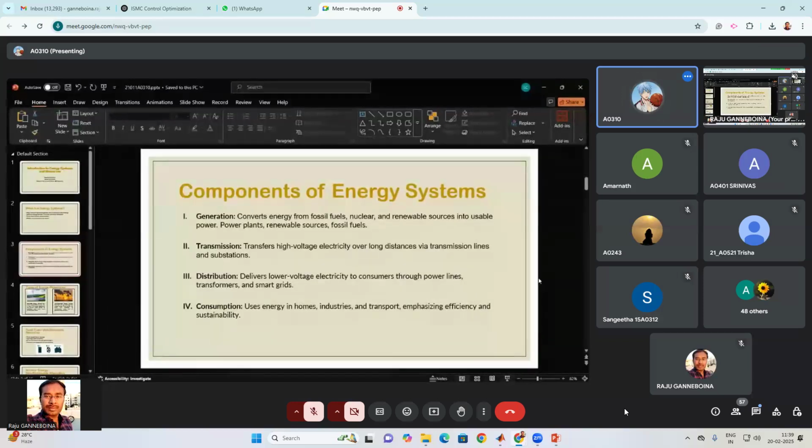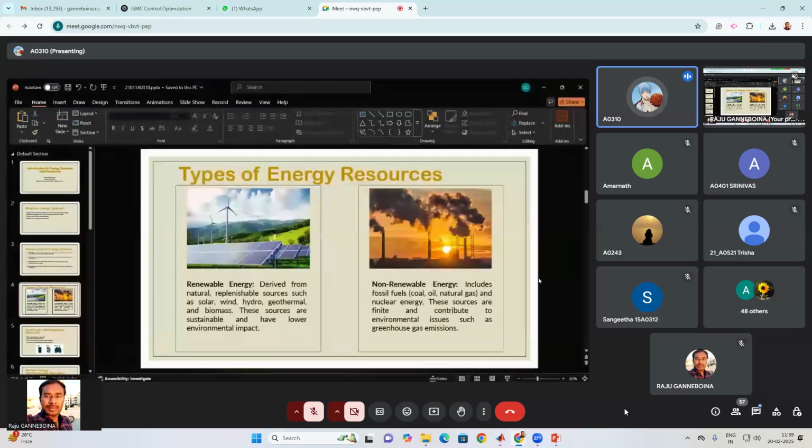Then the next slide is about types of energy sources. There are basically two types of energy sources. One is renewable energy and the other one is non-renewable energy. Renewable energy sources are natural and replenishable, and they do not deplete.